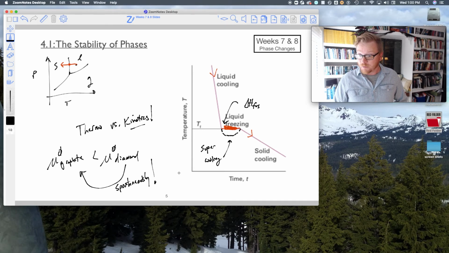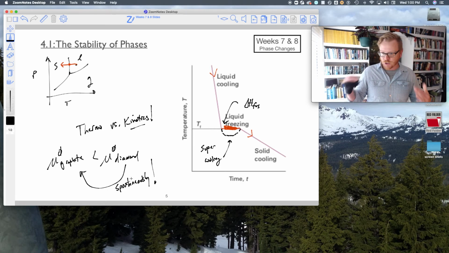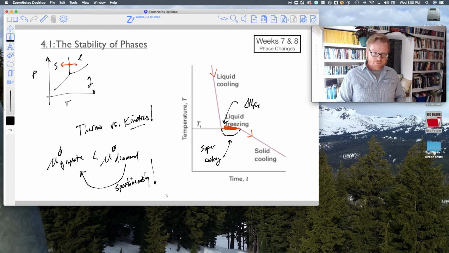So that phase transition happens much faster when there's more pressure and more temperature around. So even though the phase diagram might suggest that this phase shouldn't even exist right now, in certain materials, oftentimes kinetics can win. Kinetics can actually beat out the thermodynamics, okay?